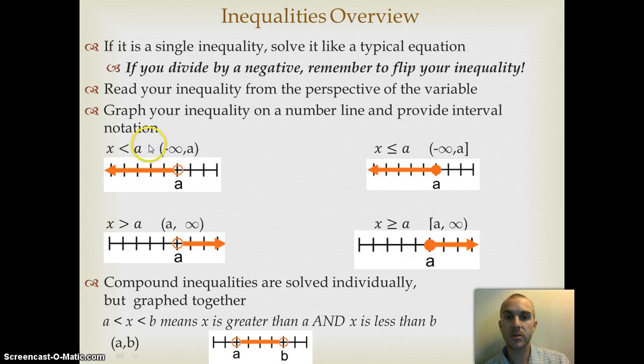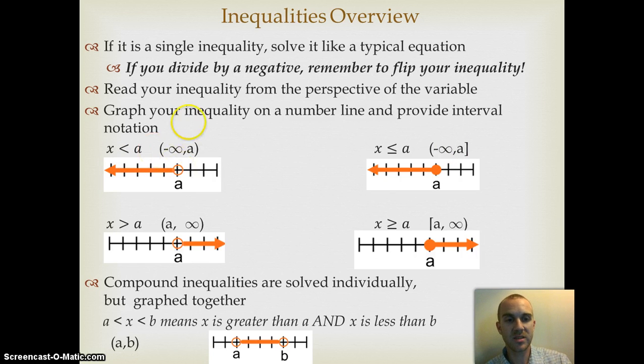Now, with the interval notation, we have to pay attention to whether it's greater than or less than, but also whether it's got the equals to component. If it's greater than or less than, we're going to be using parentheses. If it's got the equal to component, it has a bracket by that number. Now, when we say less than the number, it's everything that is less than that.